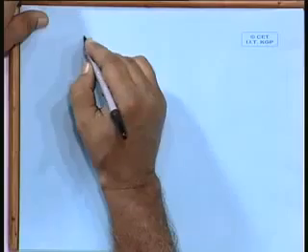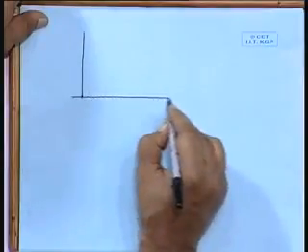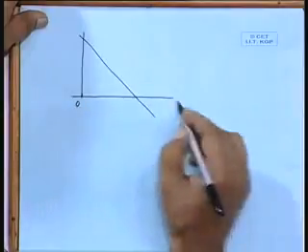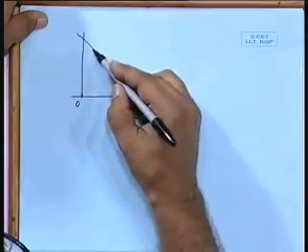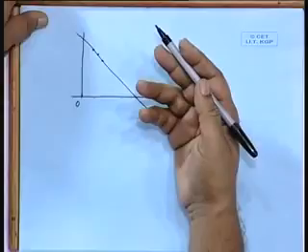Let us take any straight line and find its inverse. What is the inverse of this straight line? This is the origin, this is a straight line. I want to know for any point on this straight line what will be the corresponding inverse.